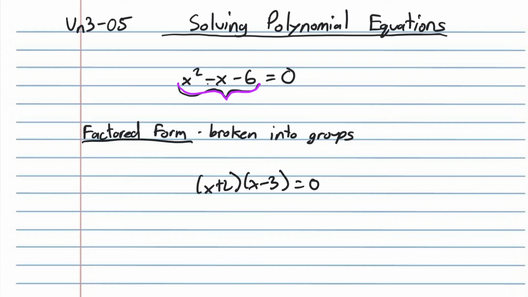We use this concept called the zero product property. So let's go and write that down. Zero product property. Essentially, I'm going to write out the formal definition off to the side over here.